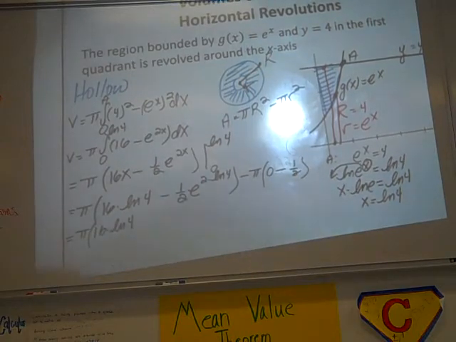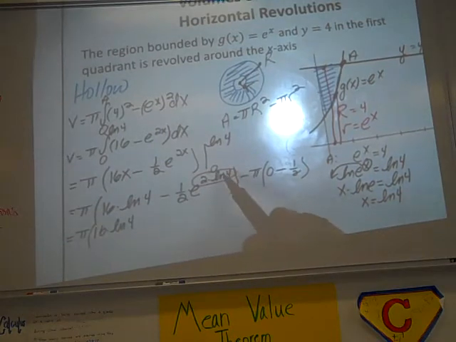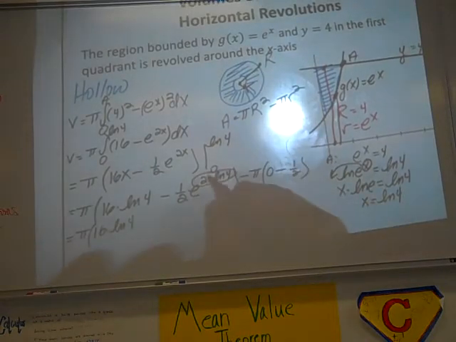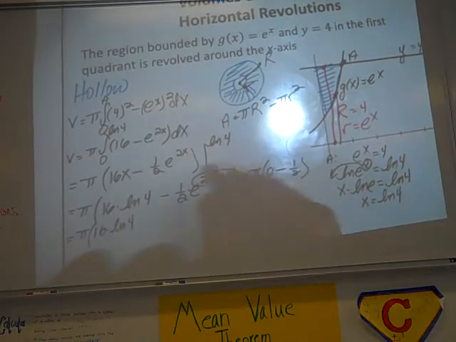Up here, we have e to the 2 ln of 4 power. And I'm tempted to cancel out the e and the natural log. Unfortunately, I don't have the e and the natural log right next to each other in the way that I need them to be. However, I do have a property of logs that allows me to bring powers down in front.